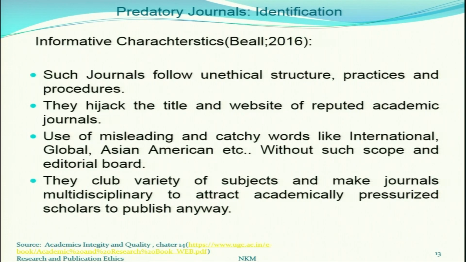They use misleading and catchy words like international, global, Asian, American, etc. Without having any research scope, they engage all kinds of scholars, multidisciplinary researchers, for publication. Without such scope and editorial board, they attract researchers only for the money, and they provide this kind of bogus and predatory publications. They club a variety of subjects and make journals multidisciplinary to attract academically pressurized scholars to publish anyway.